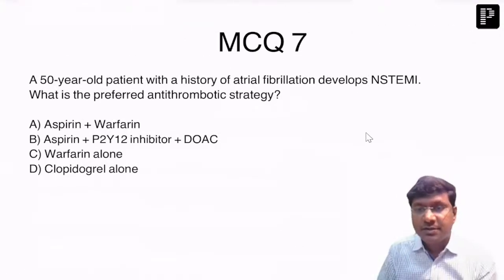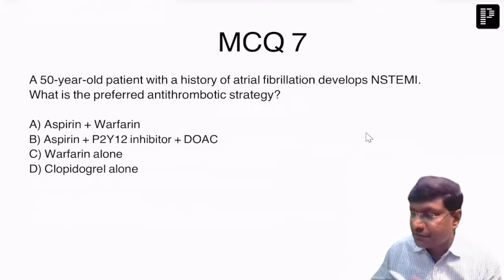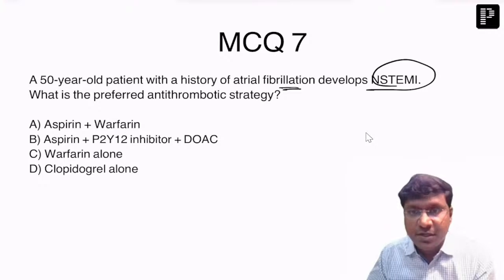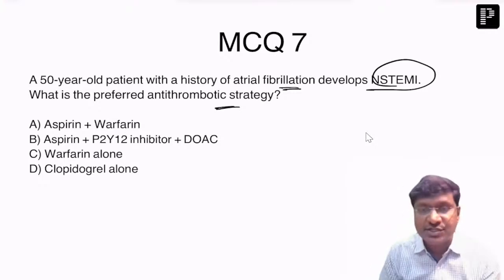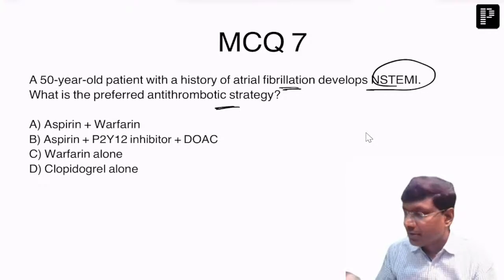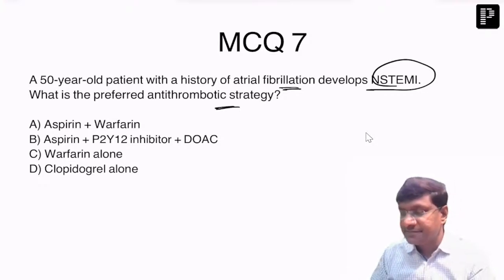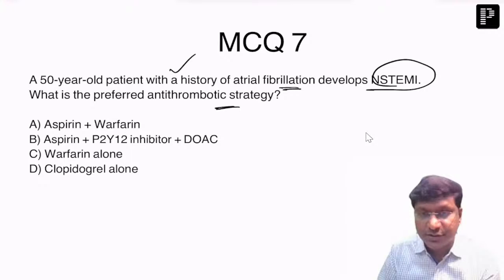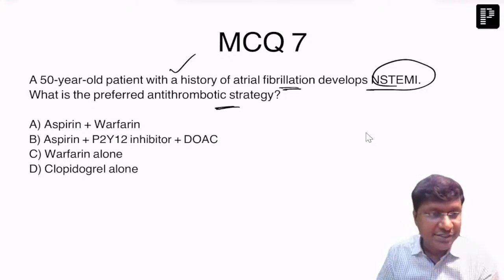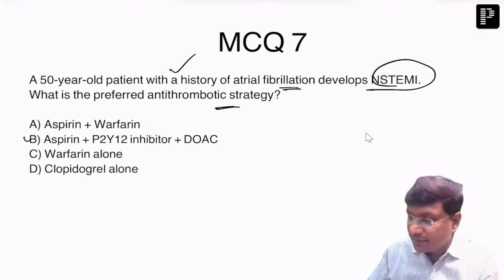A 50-year-old patient with a history of atrial fibrillation develops NSTEMI. What is the preferred antithrombotic strategy? So, in case of NSTEMI with atrial fibrillation, you need to give the triple therapy.